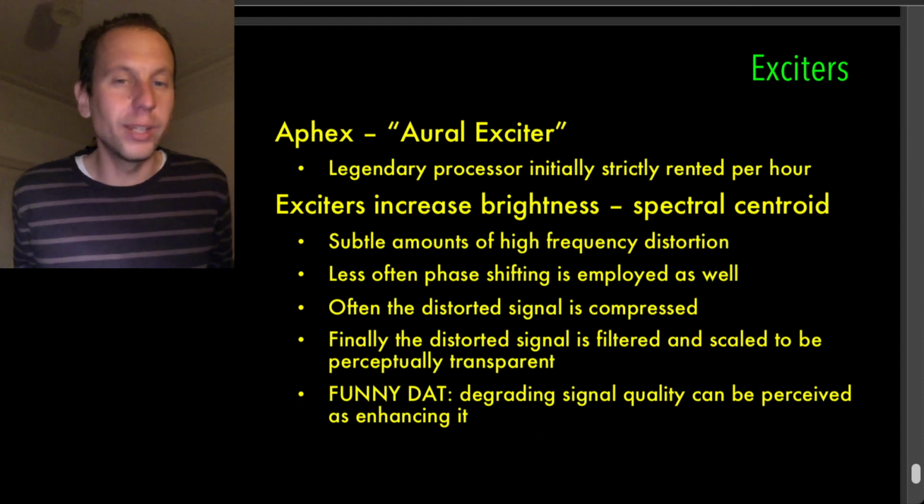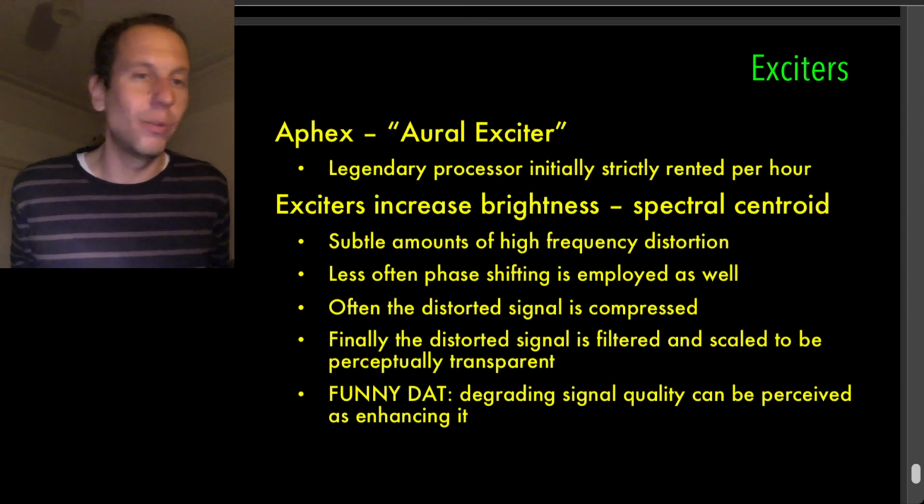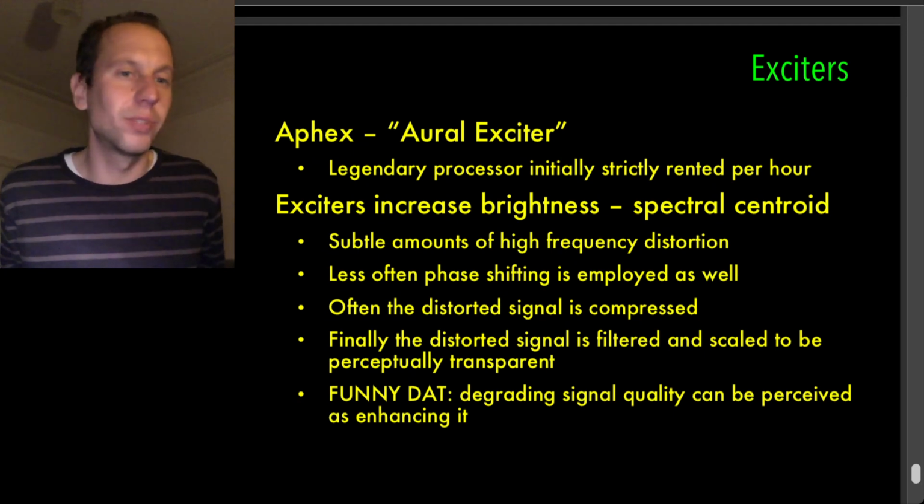So what was it? It was subtle amounts of distortion. Okay, so what they figured out is that if the signal quality is poor, by inducing harmonics which relate to that signal, you're actually making it sound better.